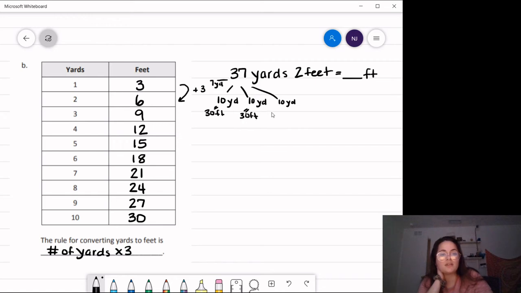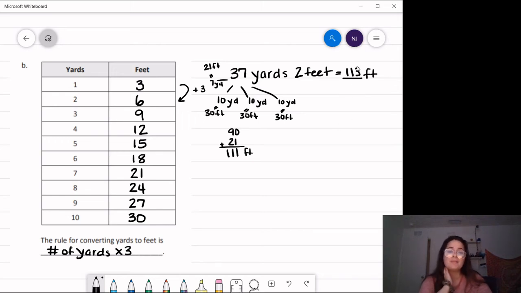So we've got 30 feet, 30 feet, 30 feet. 7 yards is equal to 21 feet. And then I'm going to add them all together. So I've got 30 feet, 60 feet, 90 feet, 90 feet plus 21 feet. That would be 111 feet altogether. And then I'm going to add it on to the 2 feet I already have. So altogether, that would give me 113 feet.